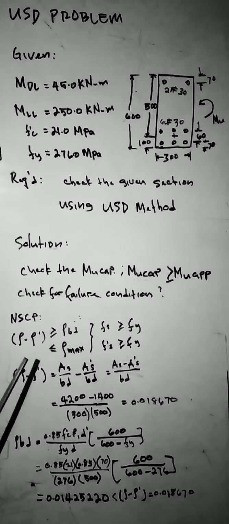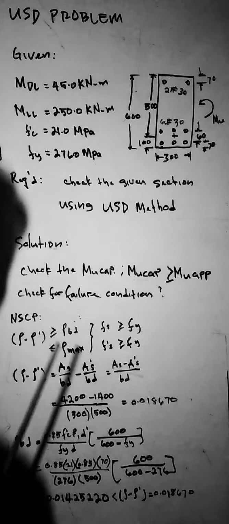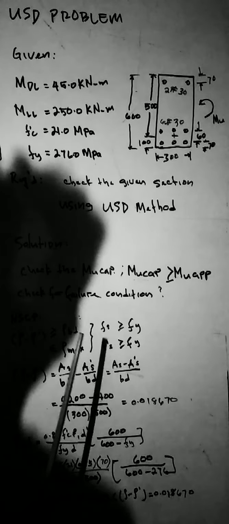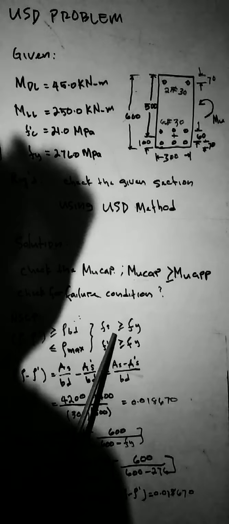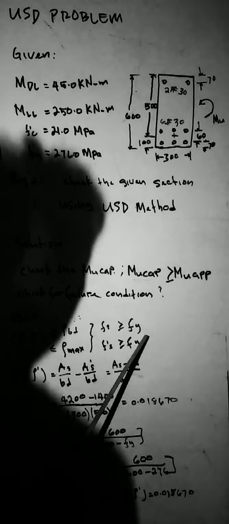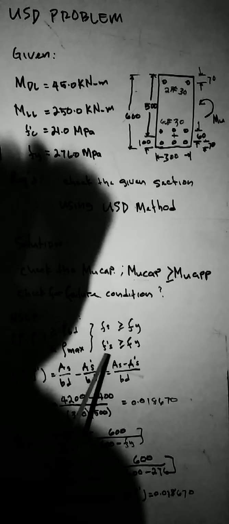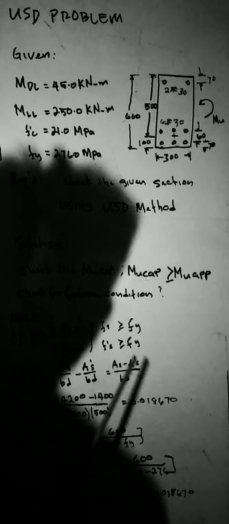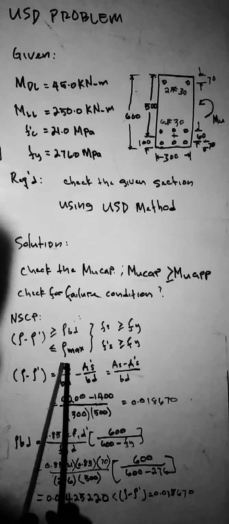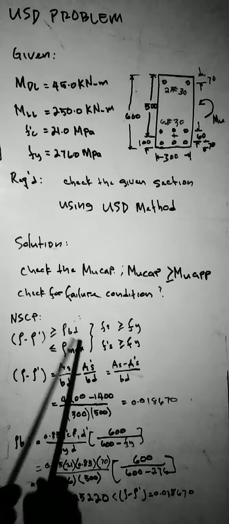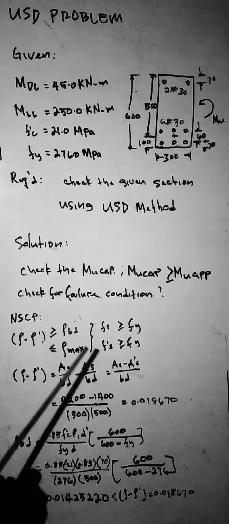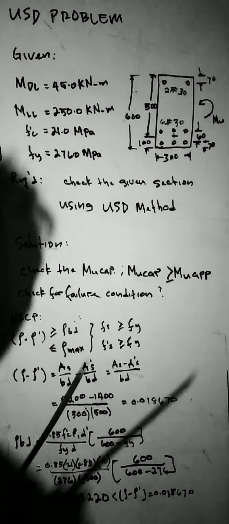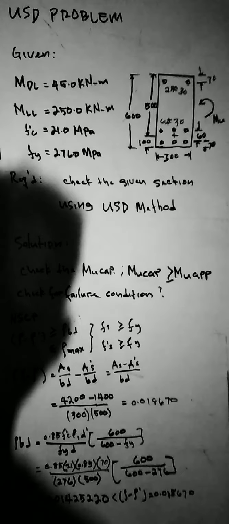This is for the specification. And for the alternate or the theoretical computation, fs must be greater than or equal to fy, f's is greater than or equal to fy. These are the conditions. If these conditions are met by computation, the section is tension failure.